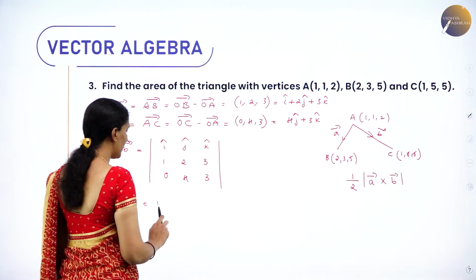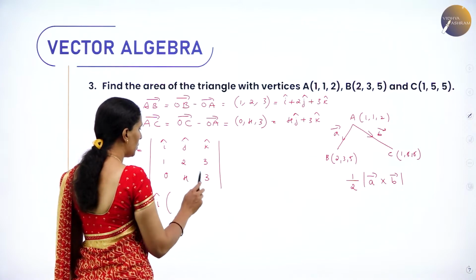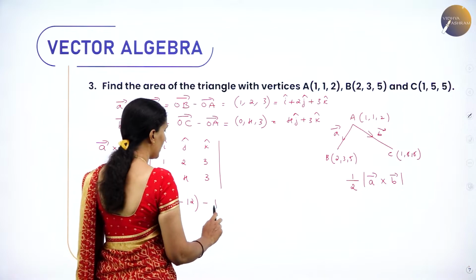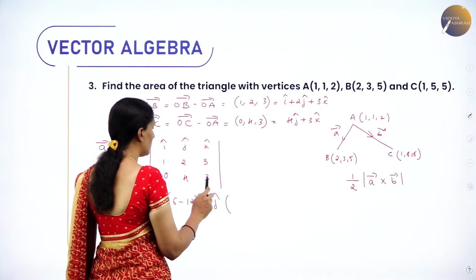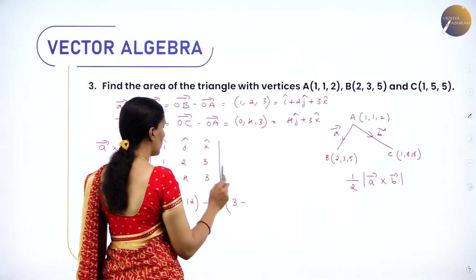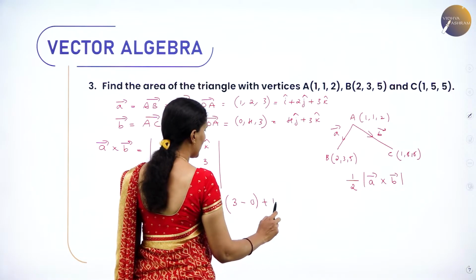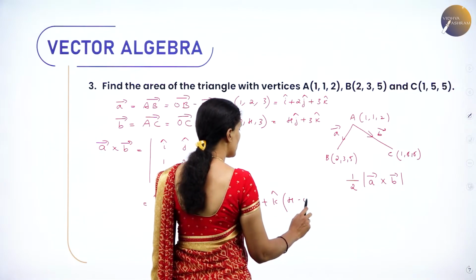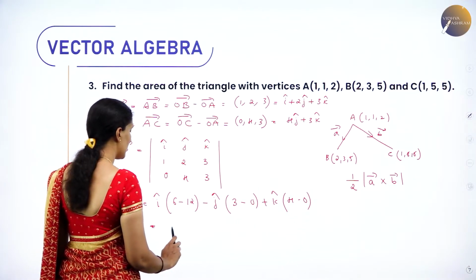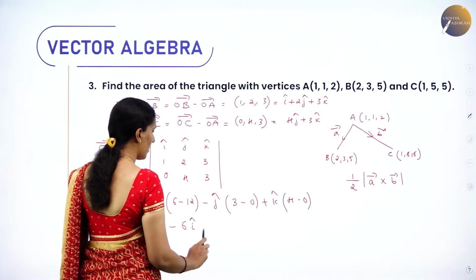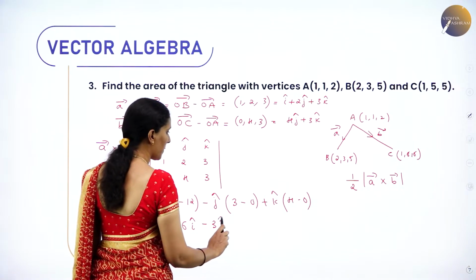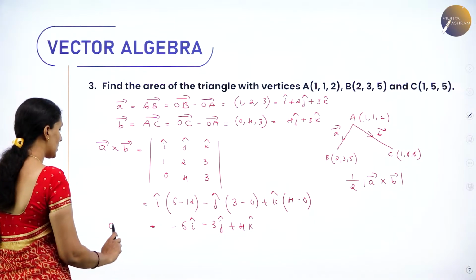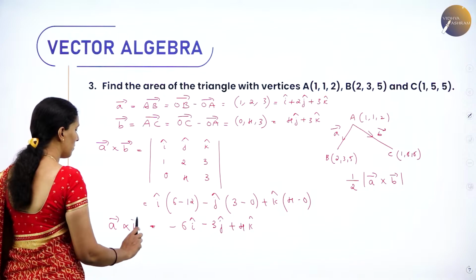Next we will expand the determinant. i cap, 2 3s are 6 minus 4 3s are 12, minus j, 1 3s are 3 minus 0 3s are 0, plus k cap, 1 4s are 4 minus 0. So this is minus 6i minus 3j plus 4k. So this is the vector A cross B.